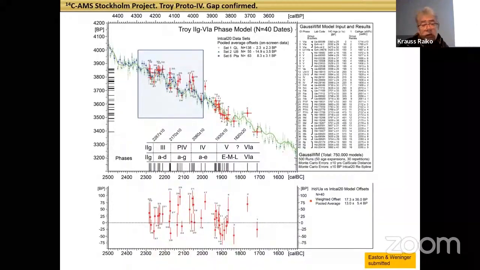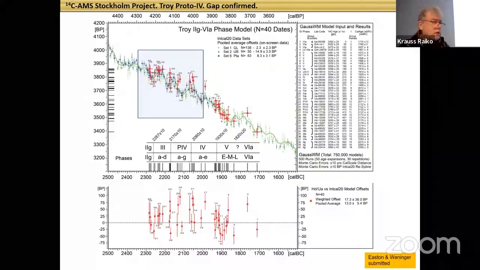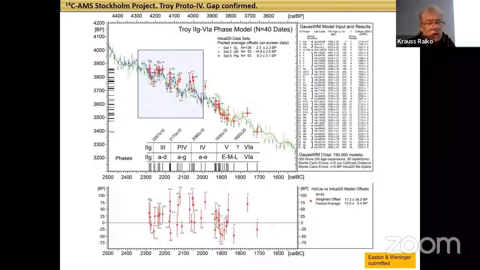I've done modeling here, the normal wiggle matching modeling. I've written it down here. Monte Carlo, 750,000 models. It runs overnight, 8 or 10 or 12 hours. These pictures are always a bit not quite easy to read, because you must please imagine that if we only know the phase or the period, we have to take all the samples we've got from the period and give them a random position inside them.